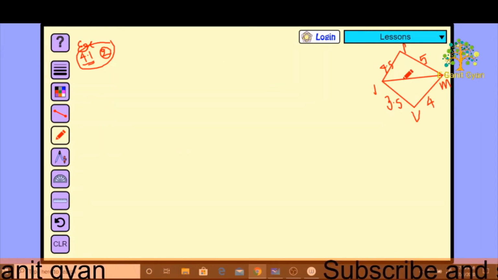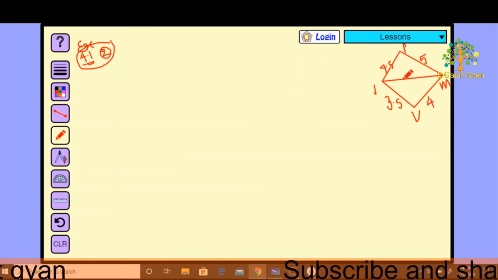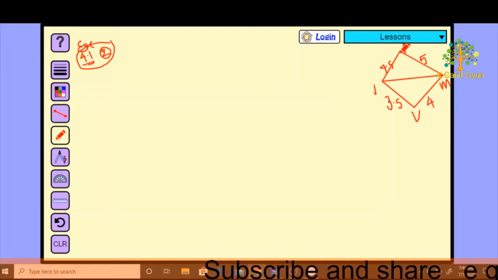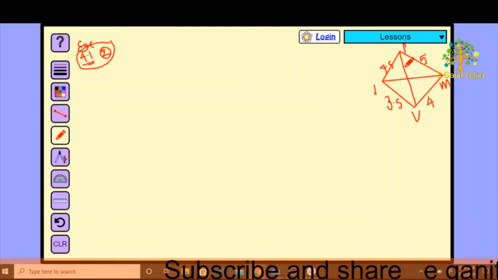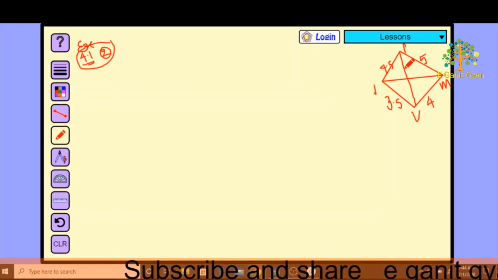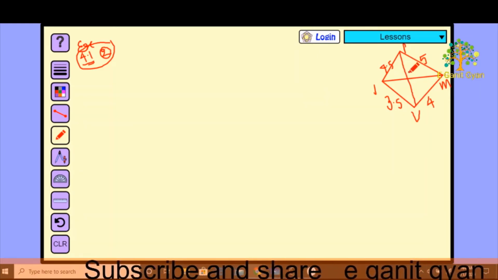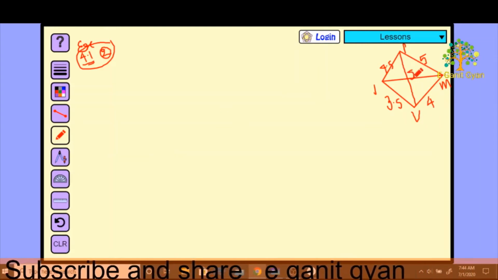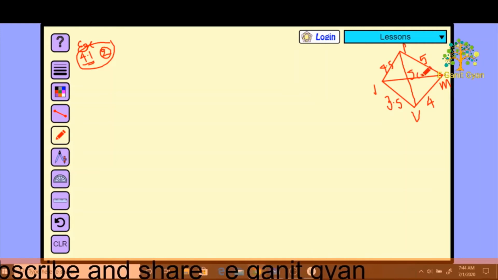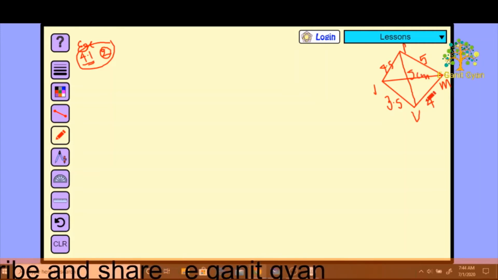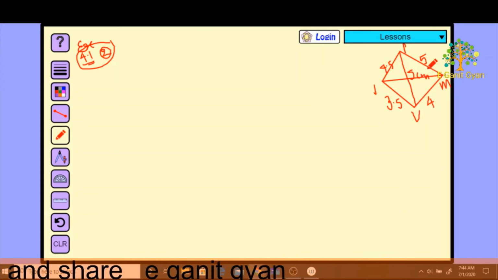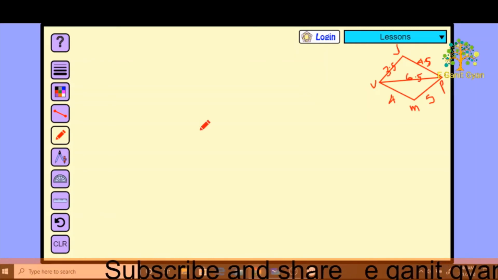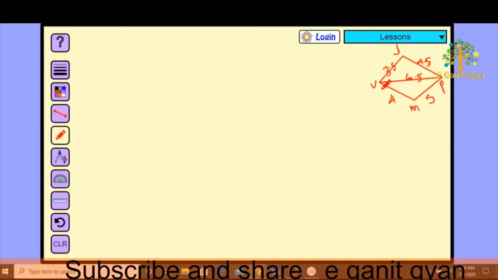Let us start with the diagonal. The length of the diagonal they gave is PU, not JM or MP.